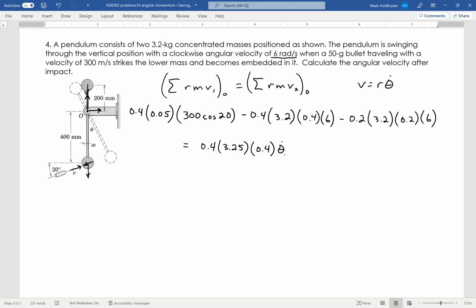Maybe I call that theta dot 2, okay? Then I've got the other one, everything's the same except it's 0.2 away on this one. So both 0.4s become 0.2, and then theta dot. So I've got this big equation. The only unknown that I have in it is theta dot 2, which is going to be 2.77 radians per second.